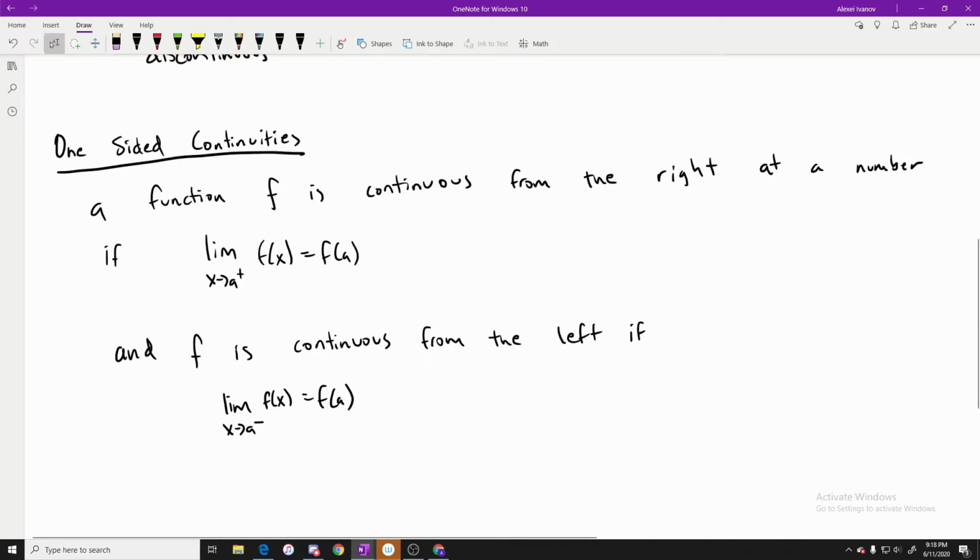Essentially, this right here is the condition for it to only come from the right. So as it's written here, a function f is continuous from the right at a number a if the limit as x approaches a from the right, so a positive, of the function f of x must equal f of a.